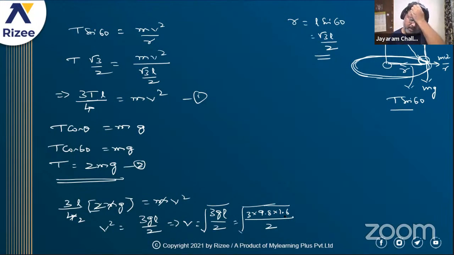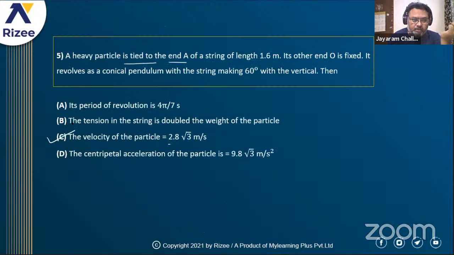If I go for approximations, this should be approximately equal to root 3 into 2.7 or 2.8 nearly, the value I'm taking. So that means your option C is correct.